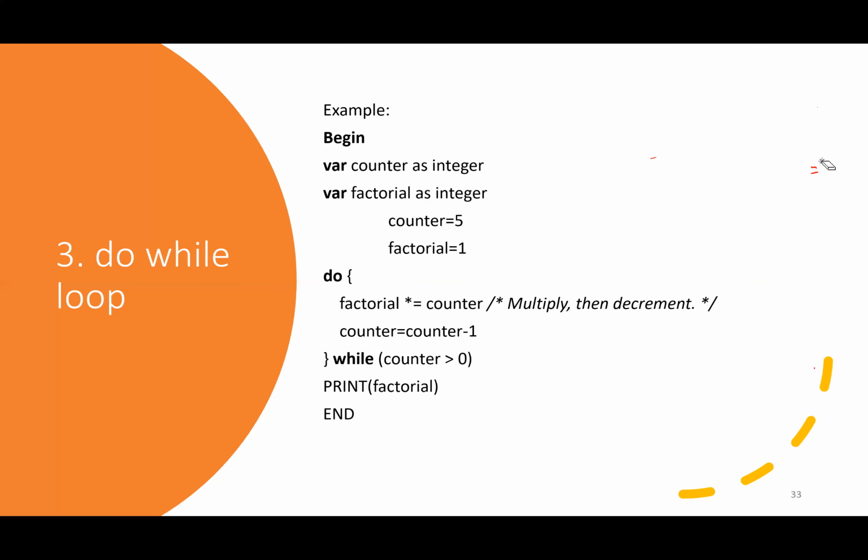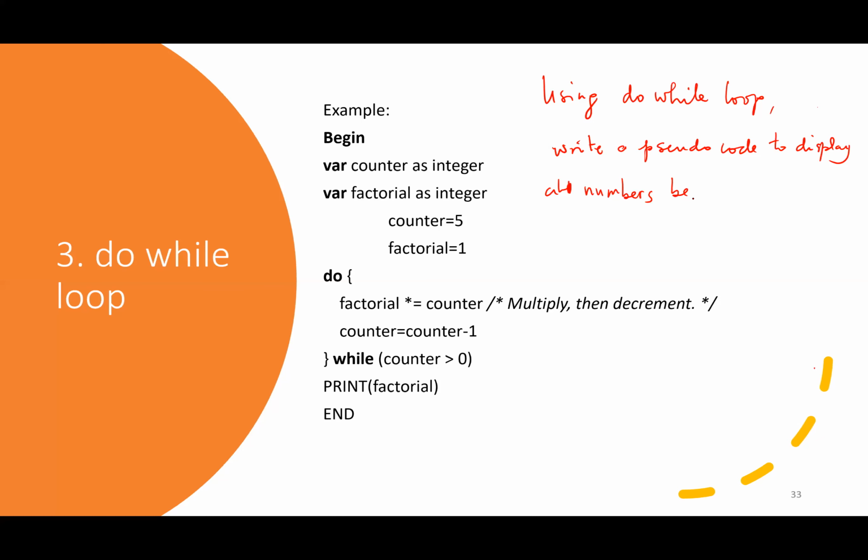Let's say using do while loop, write a pseudocode to display all numbers divisible by 3 from 1 to 50.